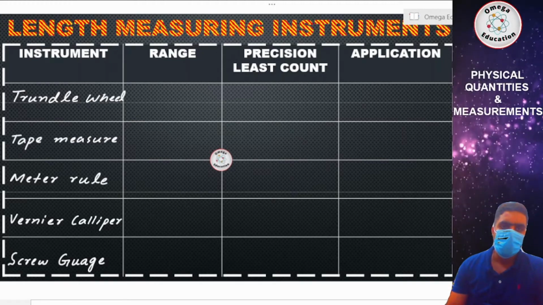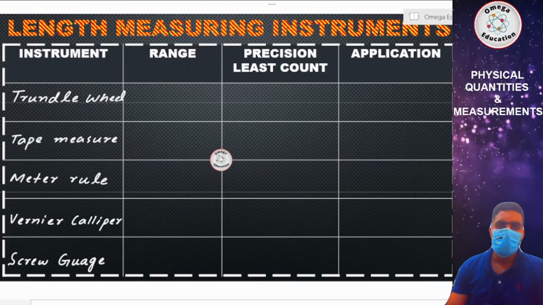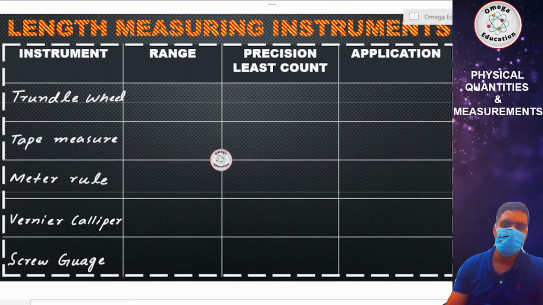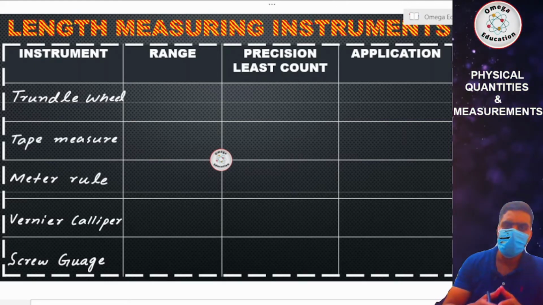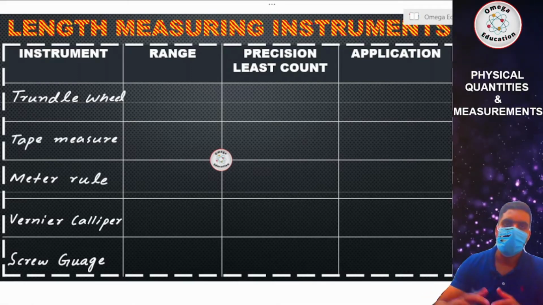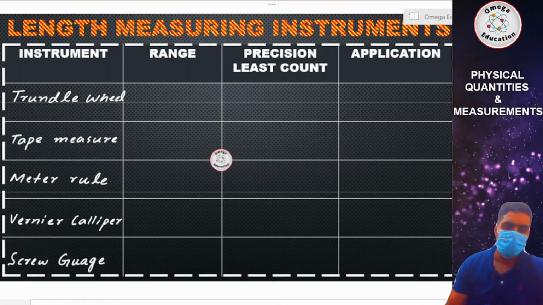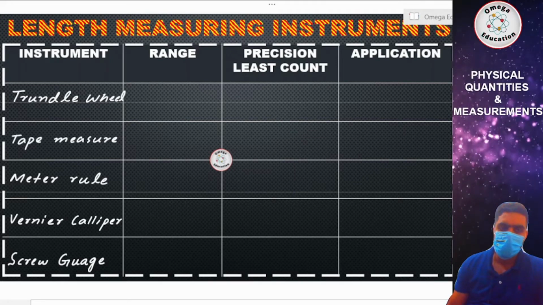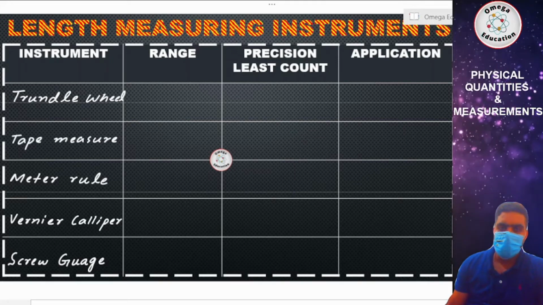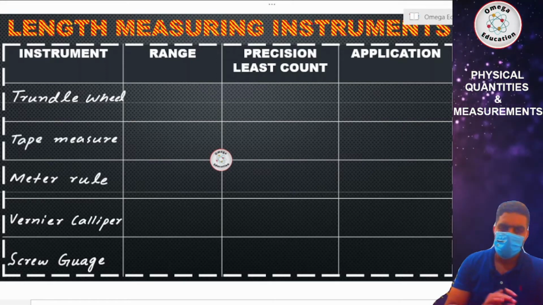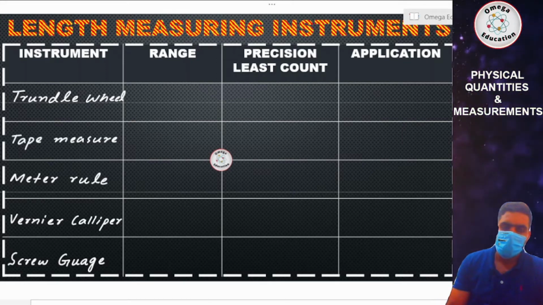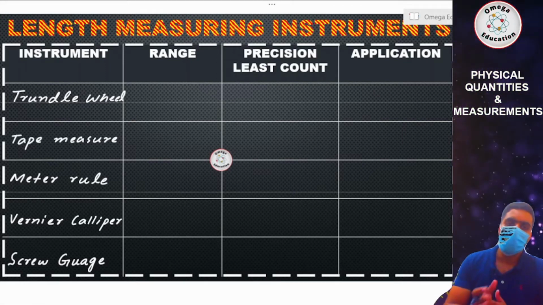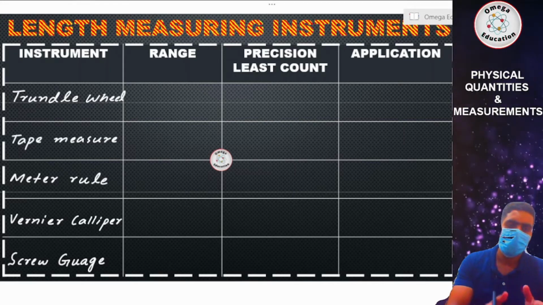The first one at the top, the trundle wheel, has the highest range. When I say highest range, it means it can be used to measure long lengths, like very large distances. And the screw gauge is used to measure very small objects. So the range is not important, but precision is more important for the ones at the bottom.